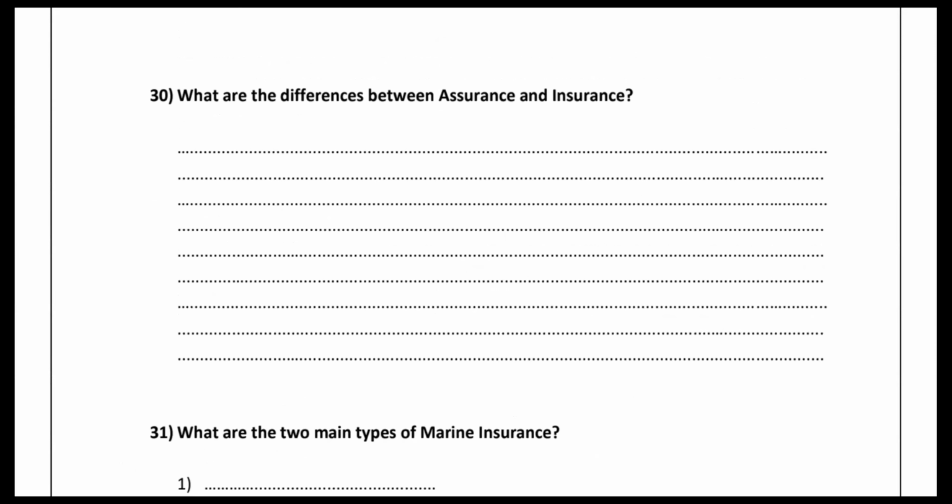In assurance, what is insured is human life. Human life is insured in assurance, but in insurance, properties are insured.